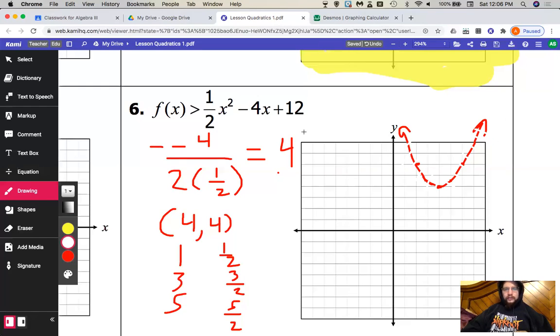Test the point. 0 is not bigger than 12, so I'm going to shade inside since 0, 0 is outside. So I'm going to get it close to the line without going over.